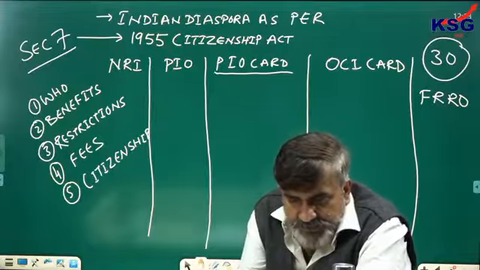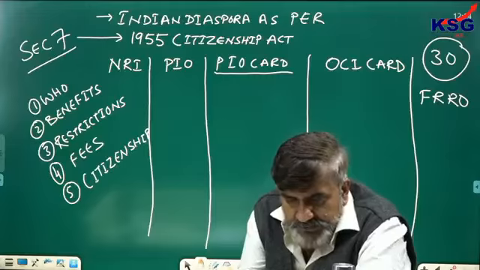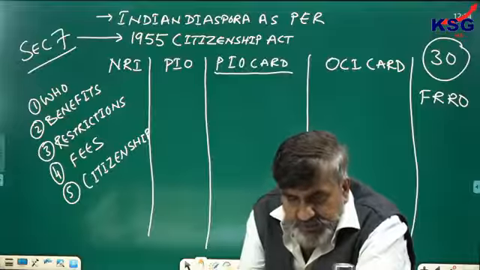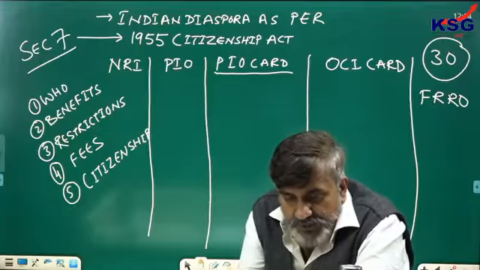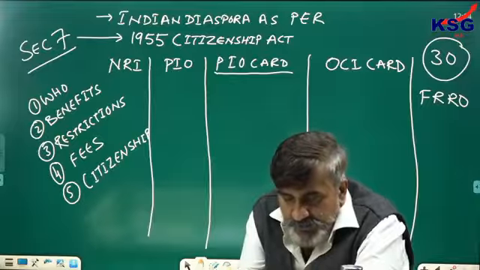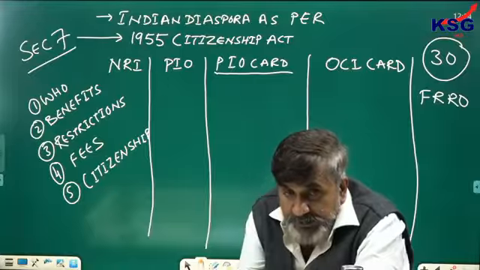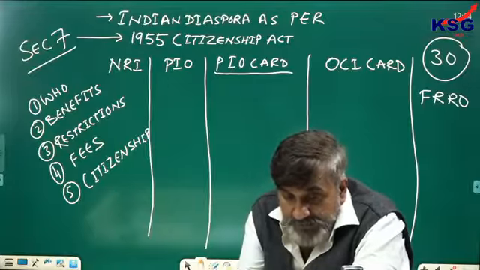If any PIO card holder gets imprisonment, then his or her PIO card will be cancelled. Yeah, definitely. If PIO card holder or OCI card holder commits an offense which is probably detrimental to India's interest, then definitely it will get cancelled.